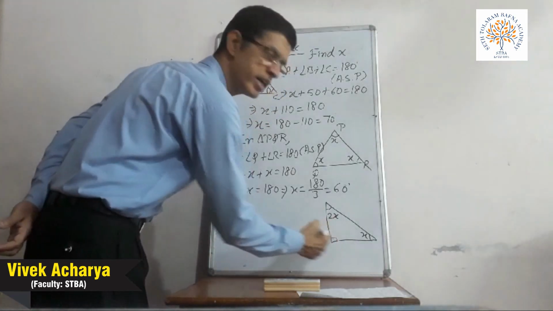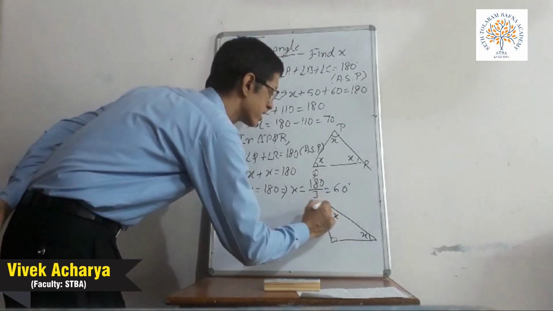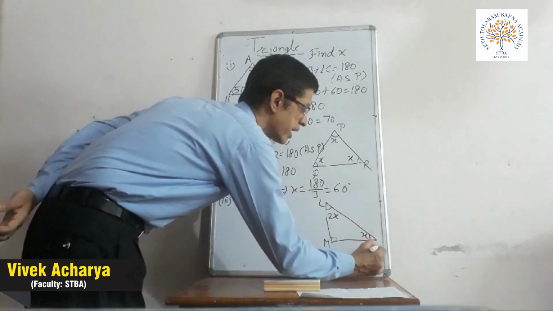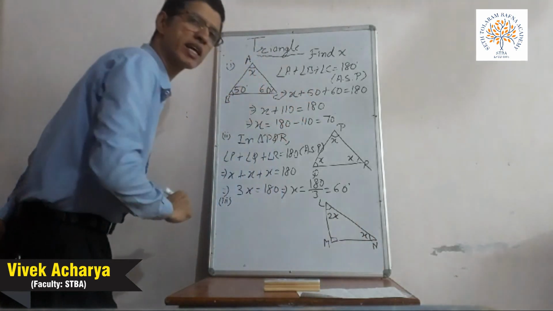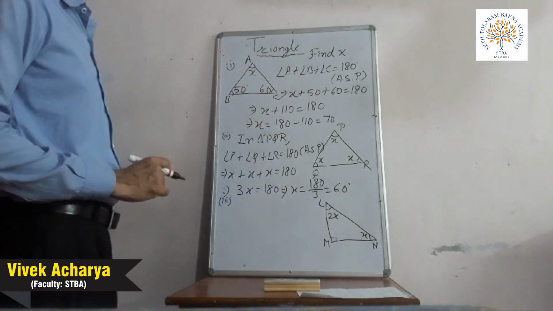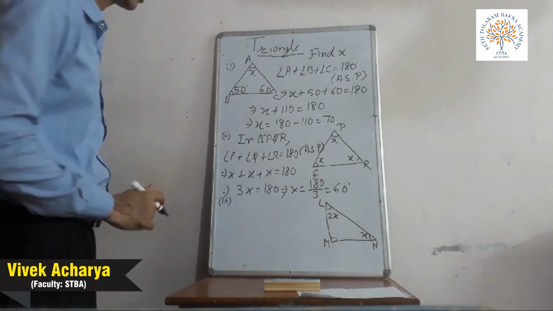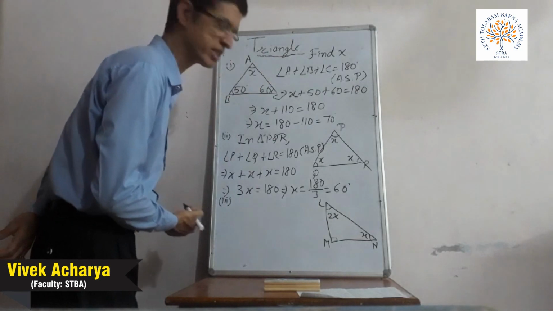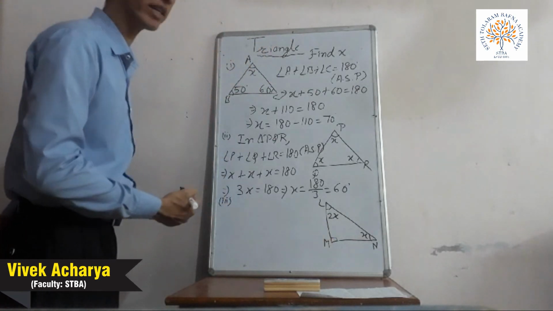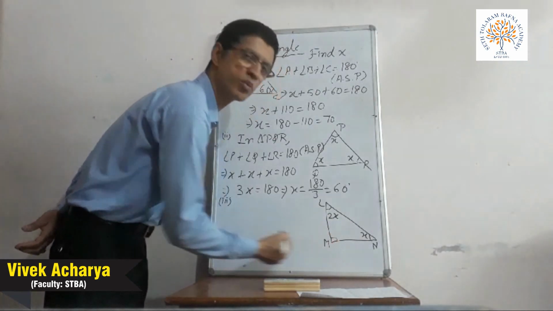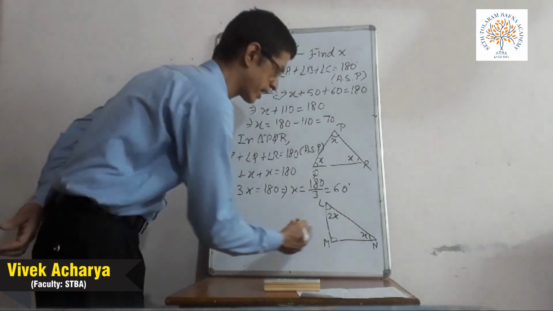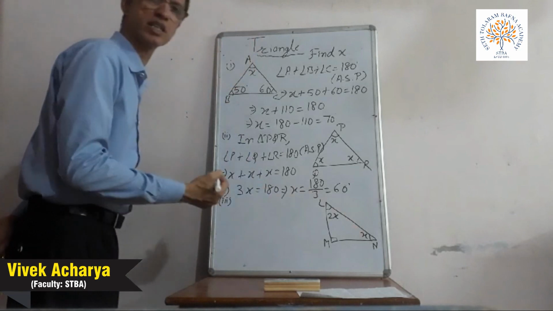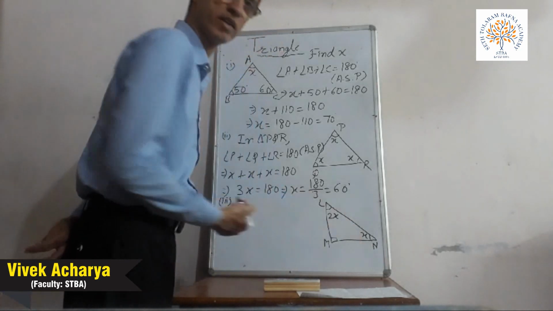I give the triangle the name L, M and N. In triangle LMN, this angle is x, this one is 2x, and this is 90 degrees. So we have to find x here, meaning angle M.